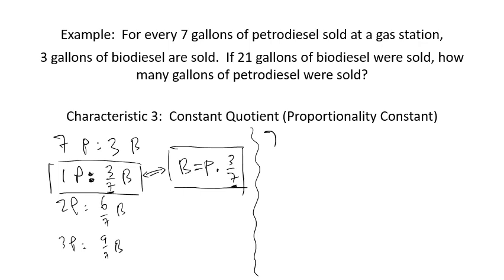We can do the same thing. This is a colon, not an equal sign. So we could say 3p is to 3b. And so now if we divide by 3, I get, for every one biodiesel, there were 7/3 petrodiesel sold. And I can go through and look at some more examples of this.